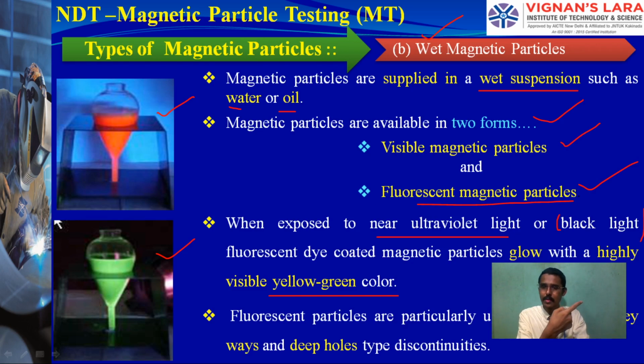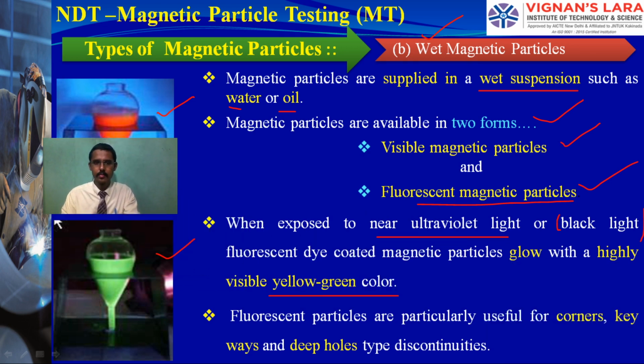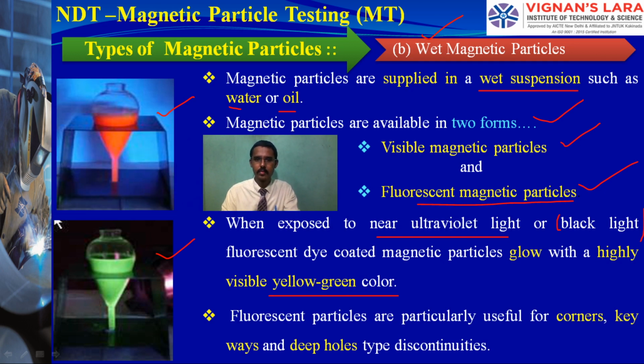That is the same point we saw in dry magnetic particles also. Fluorescent particles are particularly useful for corners, keyways or deep holes where the discontinuities are difficult to see.